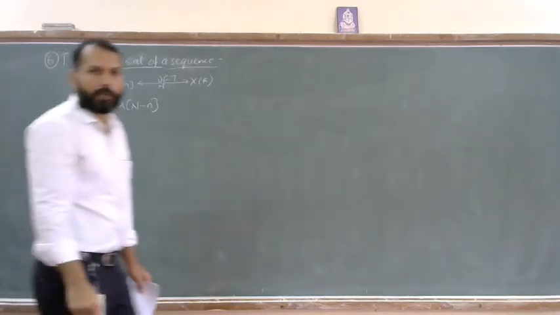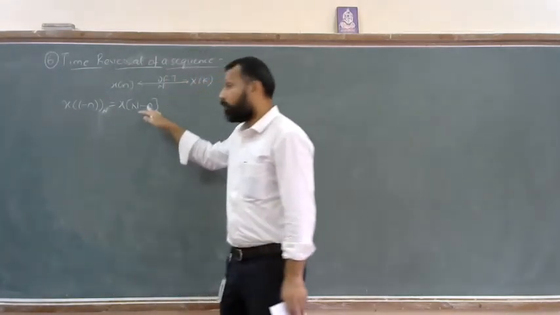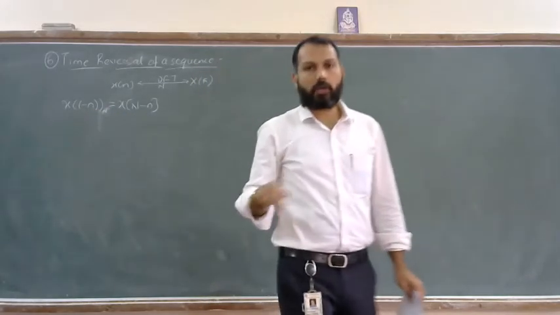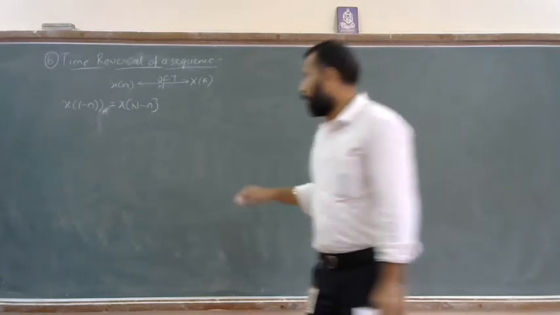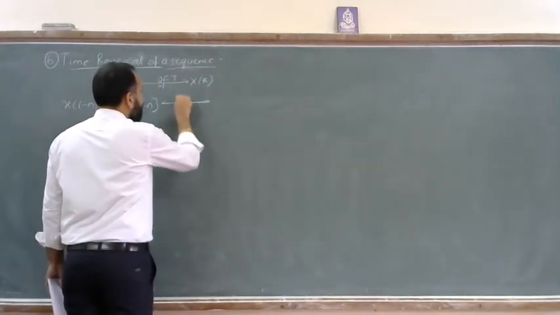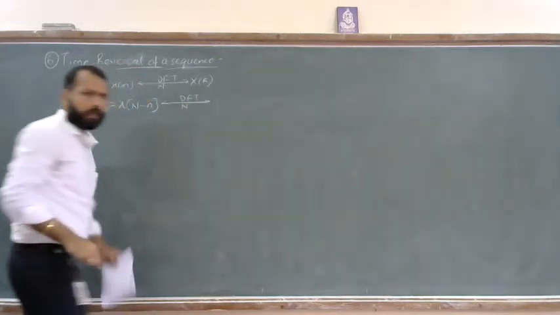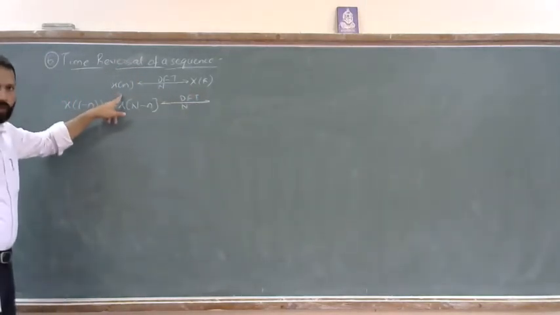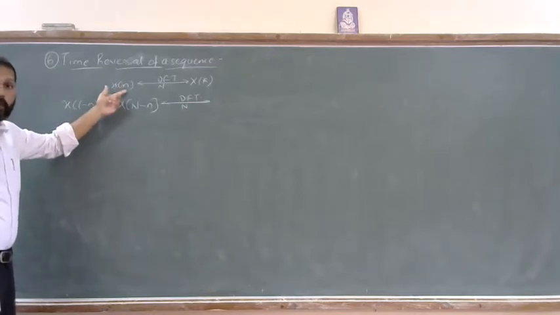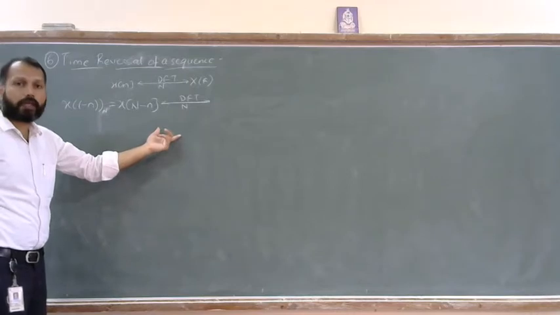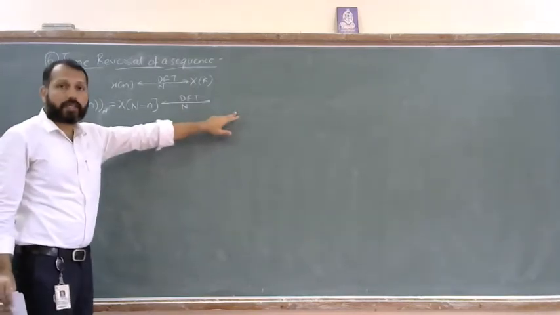Both are circularly folded sequences. Then the question is, what will be its N-point DFT? If X of k is the N-point DFT of the sequence x of n, and we circularly fold this sequence and then take the N-point DFT, what will be the nature of this DFT?